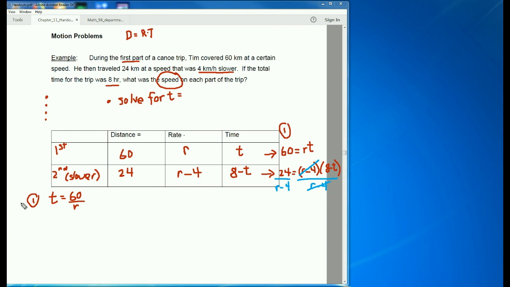So now what we have is 8 minus t is equal to 24 over r minus 4.